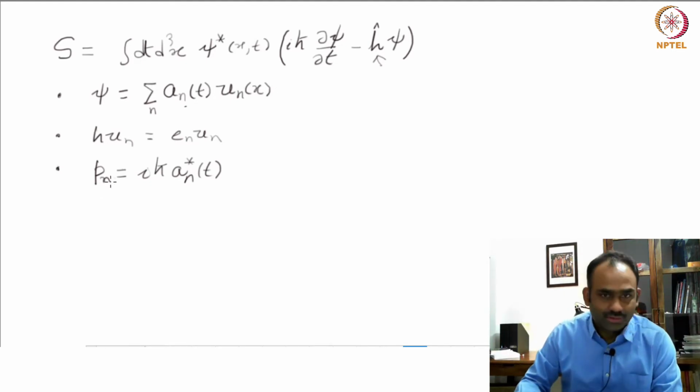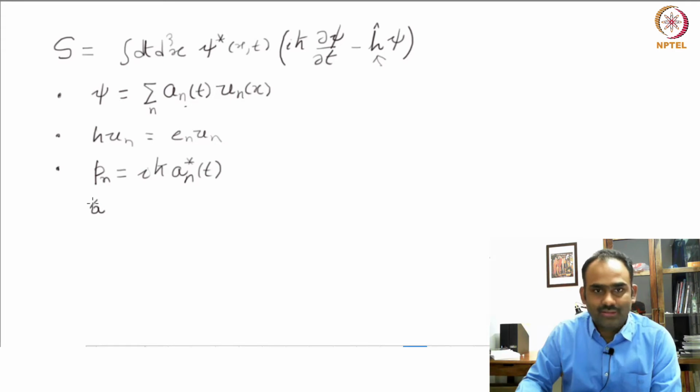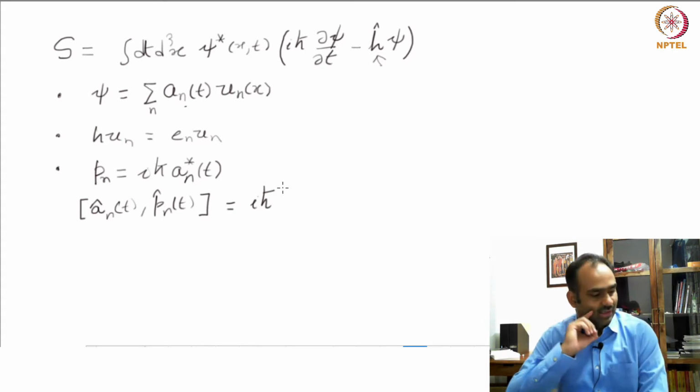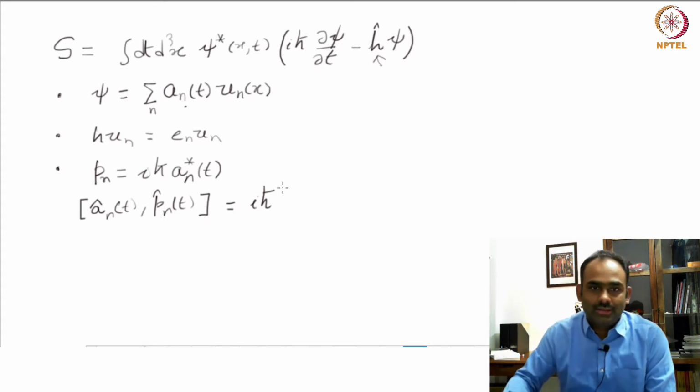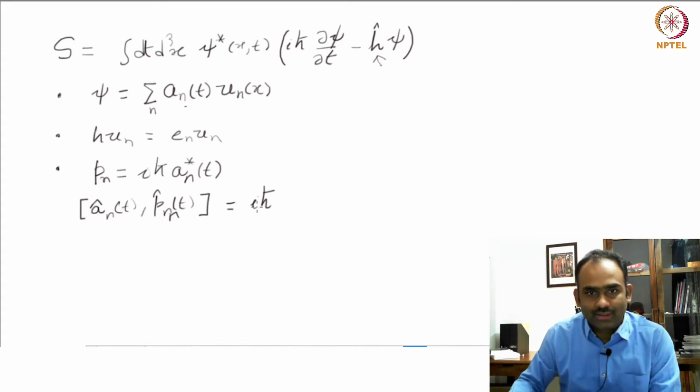Okay, so if I do that, we saw that we get, let me put a hat now because I am saying these are operators, and if I impose the commutation relation, then this is i h bar. And sorry, it's better to put it like m here. This is m. So you have delta mn.